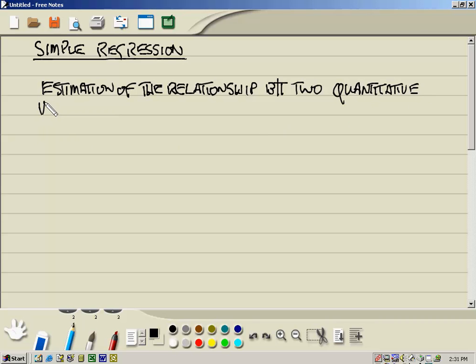Right, variables that we can measure by counting money or size, and we'll call those quantitative variables y and x.